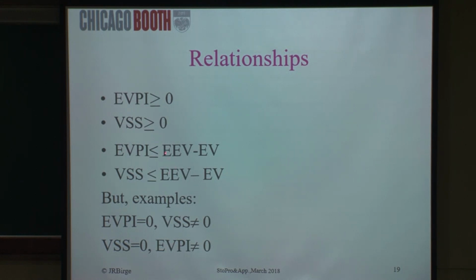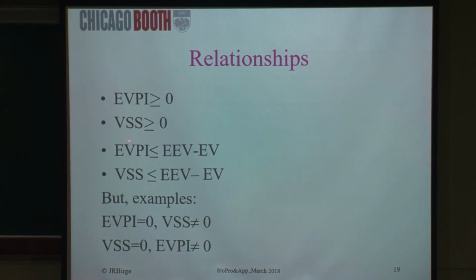So if these values are 0, then both of these are 0. So there are cases where this value is 0, and that means the value of information is 0 and the value of the model is 0. So in some cases, you solve the mean value problem and you get a solution that is good for all of the possible scenarios, or good when I consider the scenario as an expectation.